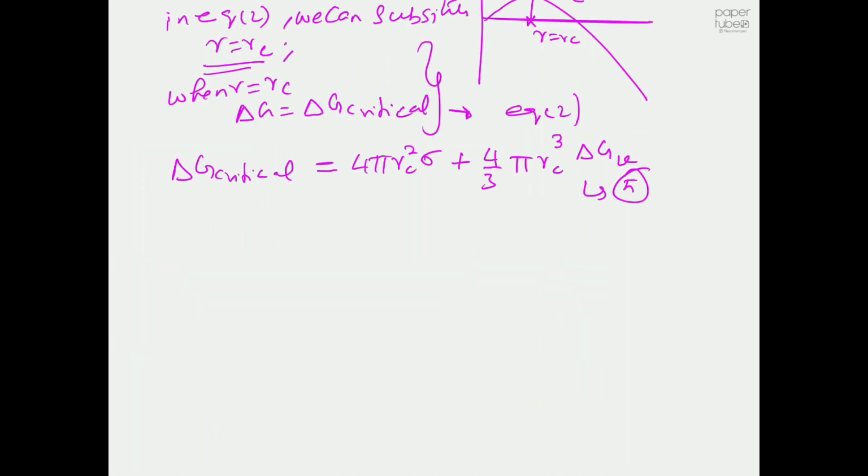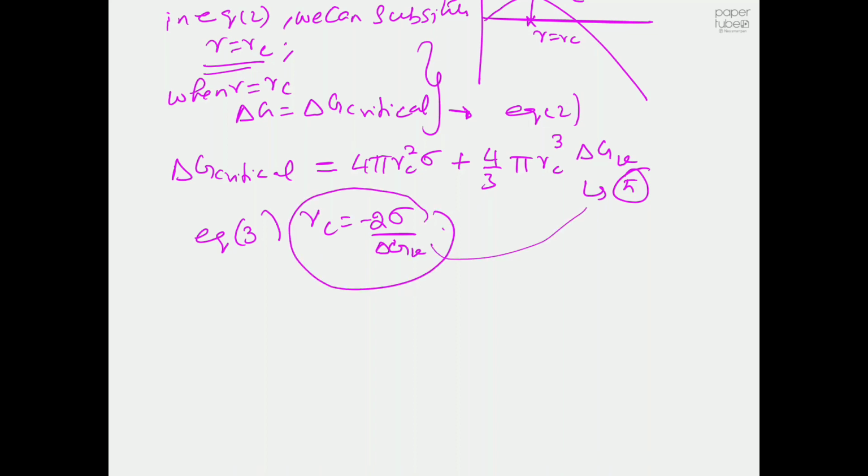So we are going to substitute equation 3, RC is equal to minus 2 sigma by delta GV, in equation 5. So delta GV will be equal to minus 2 sigma by RC.